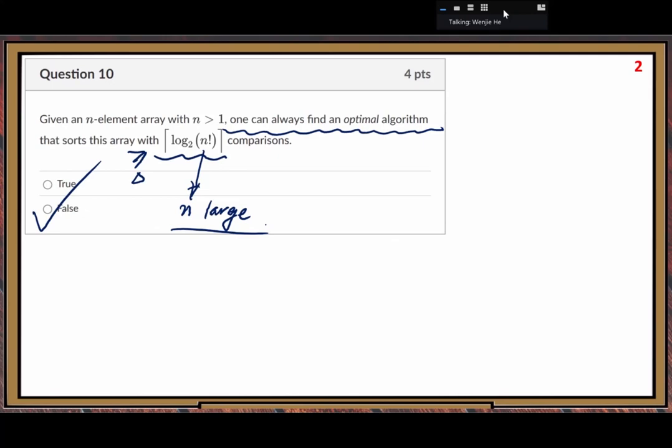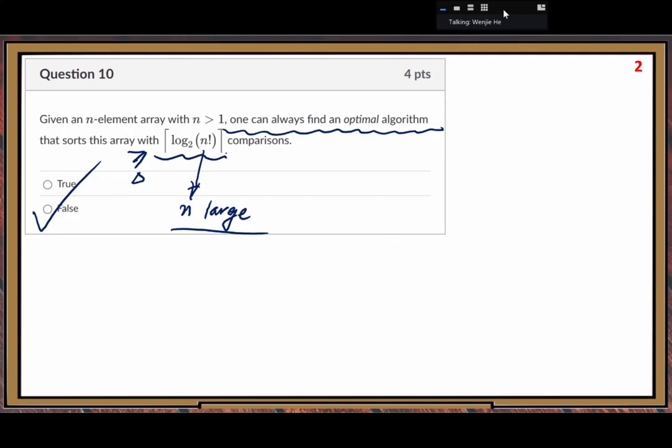So that means, find an optimal algorithm that sorts with this. But there is another meaning behind it. Actually, there are several meanings behind this sentence. First, I already talked about it, we don't know if we can reach this lower bound.